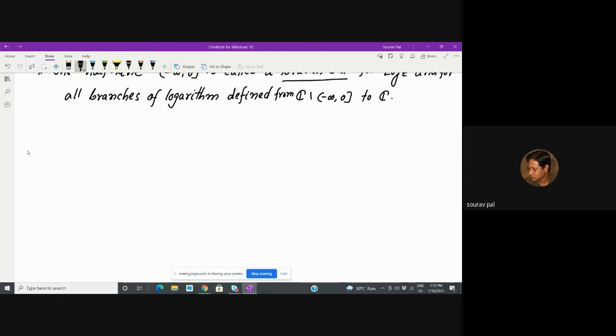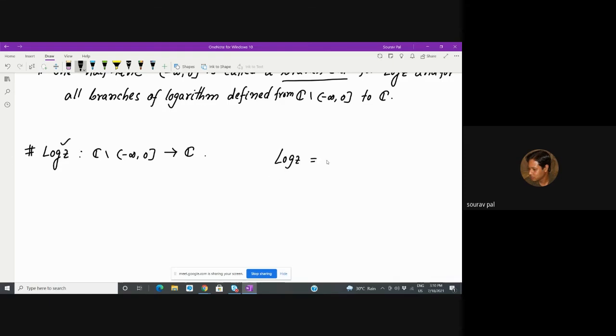So what example do we have? We have the example of this principal logarithm and the other branches of logarithm defined from this domain, this region.